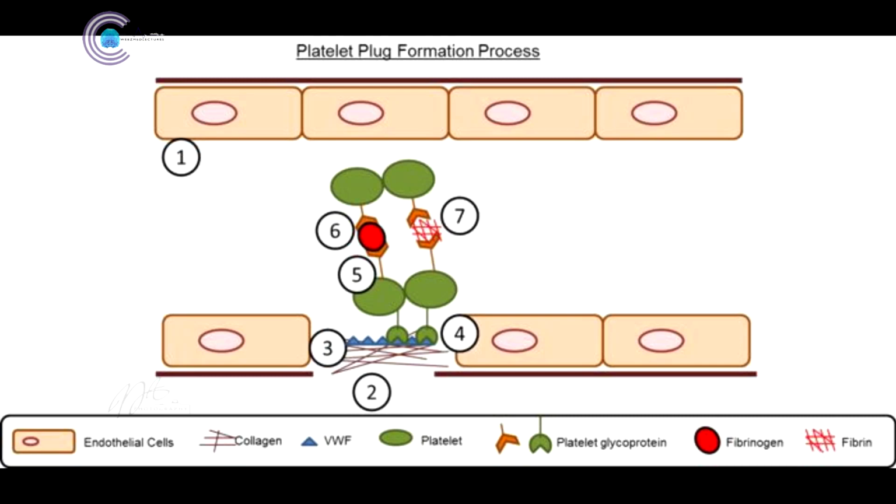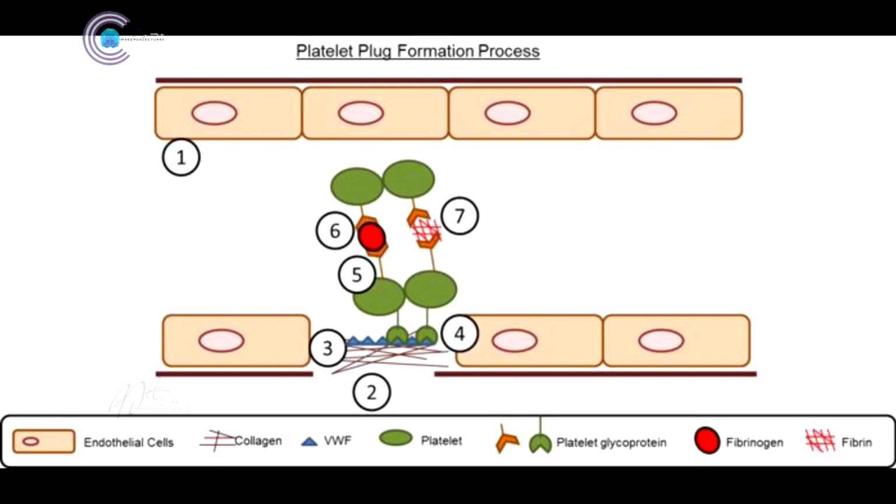Okay, now this Von Willebrand factor, if you take a good look at this diagram, within the damaged region that has been insulted, will come and attach itself to the subendothelial collagen, because once the endothelium is damaged, we have an exposure of the subendothelial collagen.